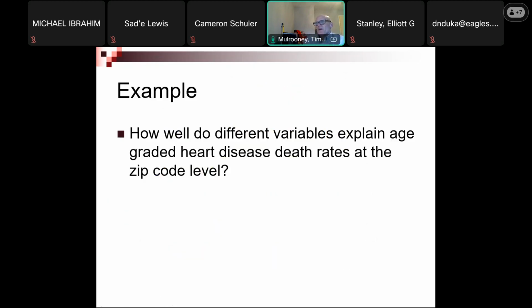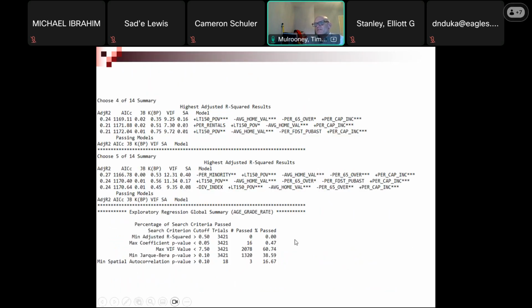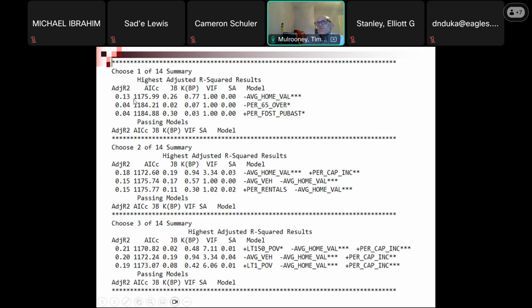We're going to look at a couple here. How well do different variables explain age-graded disease death rates at the zip code level? A lot of times we see these little stars. Yes, little stars are good. I see the highest adjusted R squareds here. What we're going to try to do today is interpret some of these, because when we run these, it gives me R squared of 0.24, 0.27, 0.13.